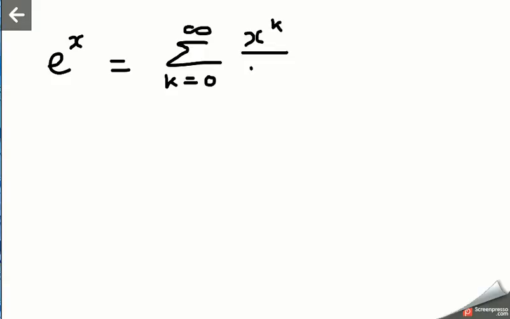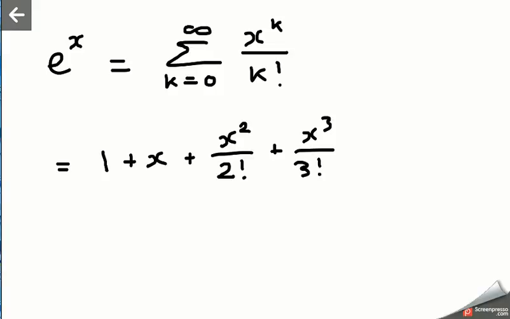The definition we're going to use to differentiate e to the power of x is the following. e to the power of x, and this is the important thing that you really need to know, e to the power of x is equal to the sum from k equals 0 to infinity of x to the power of k divided by k factorial, and that's equal to 1 plus x squared divided by 2 factorial plus x cubed divided by 3 factorial plus x to the 4 divided by 4 factorial plus ... It's equal to whatever number this gets closer and closer towards as we add more terms on.